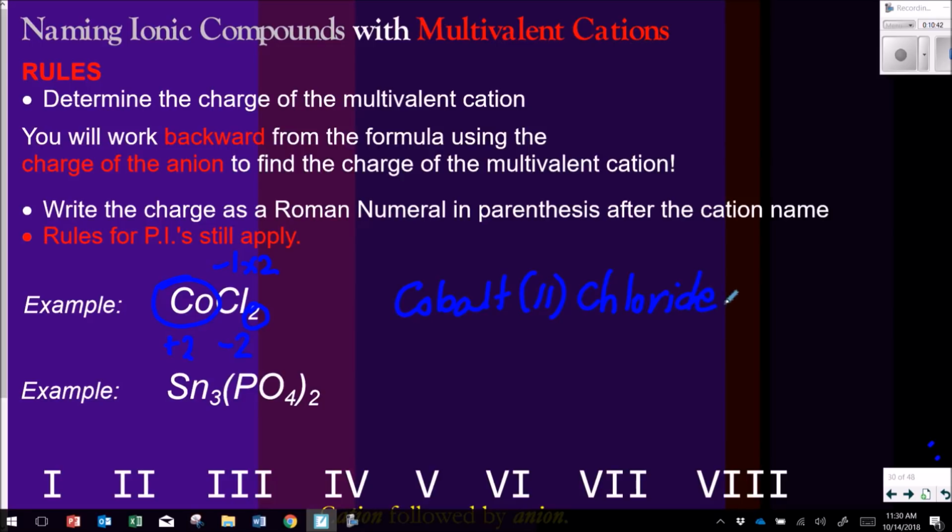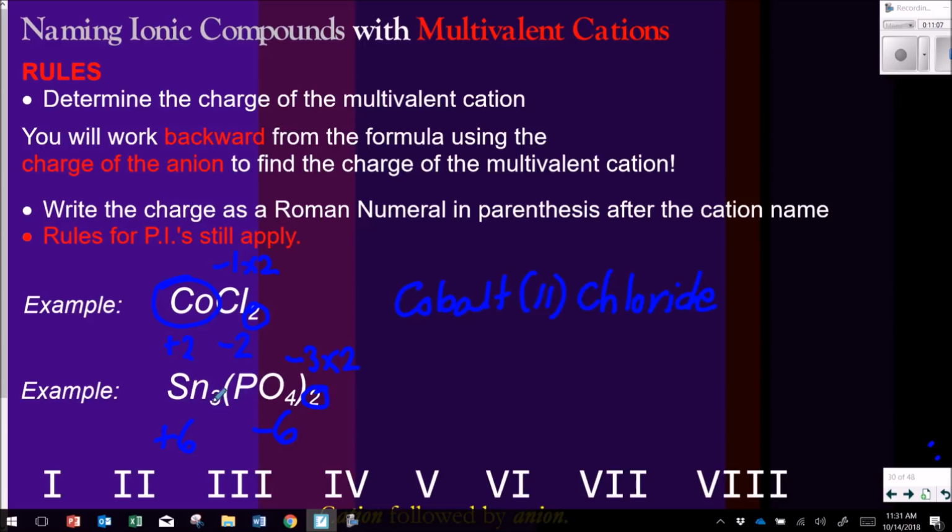Let's do the next one. Again, I know the charge on phosphate. Phosphate has a charge of -3. I have 2 phosphate ions, so I'll multiply that by 2 to determine the total charge, and that will be -6 on the anion side. So the charge on the tin side has to be +6 to balance that out.